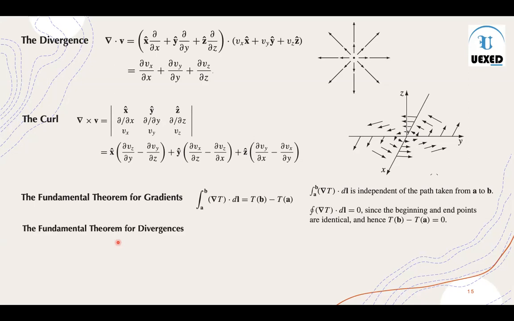Similarly, the fundamental theorem of divergence gives you the integral of del dot V d tau equal to, so this is a volume integral. d tau is basically dx dy dz, and you can convert it into a surface integral, where you can write del dot V as V vector dot dA, where A is the area component.